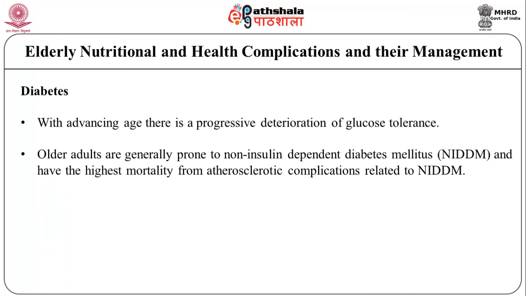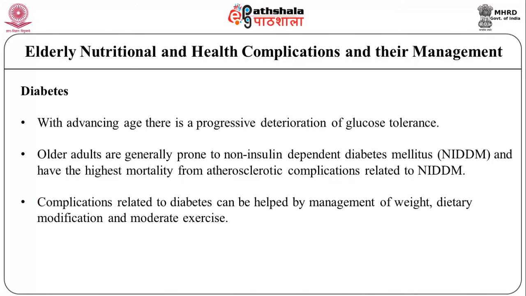One of the important risk factors of cerebrovascular diseases among elderly people is high blood sugar. The complications related to diabetes can be helped by management of weight, dietary modifications, and moderate exercise.